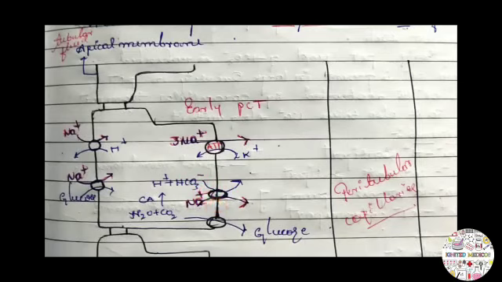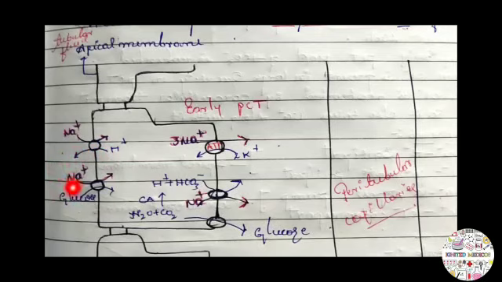The glucose will be exported into the capillary blood via the basolateral membrane. Now when the sodium has to be reabsorbed into the capillary blood, the sodium hydrogen antiport is used, in which sodium is reabsorbed into the PCT cells and hydrogen is secreted into the filtrate.